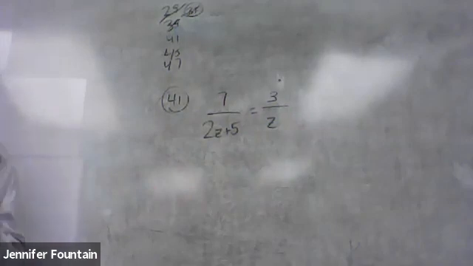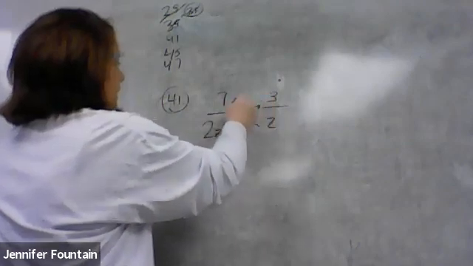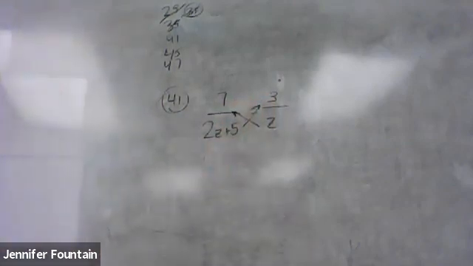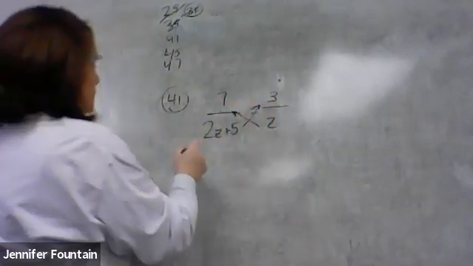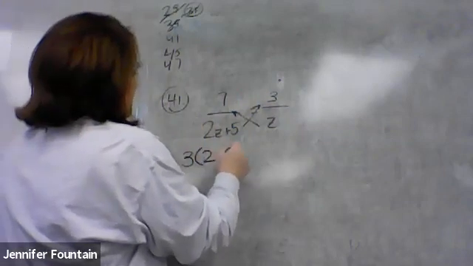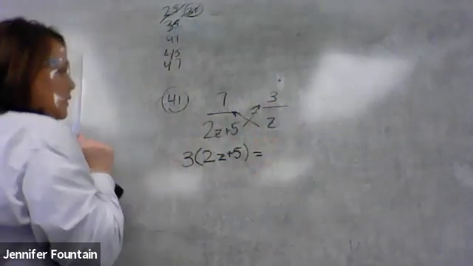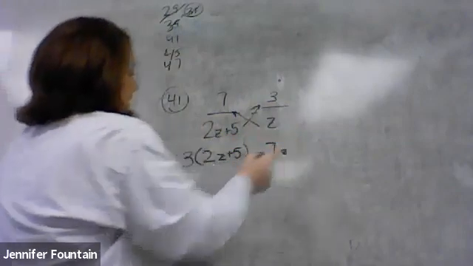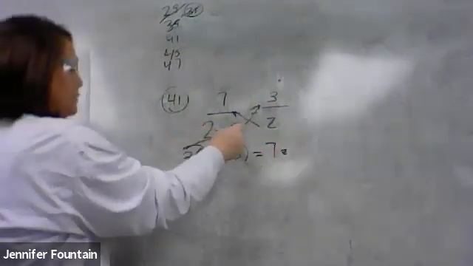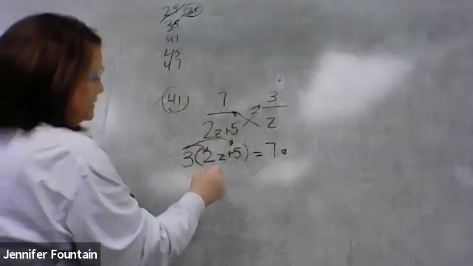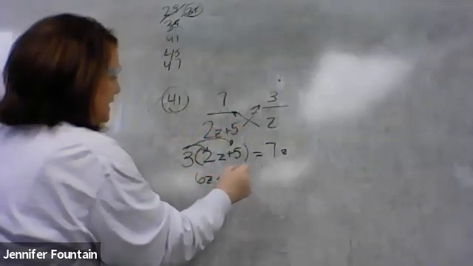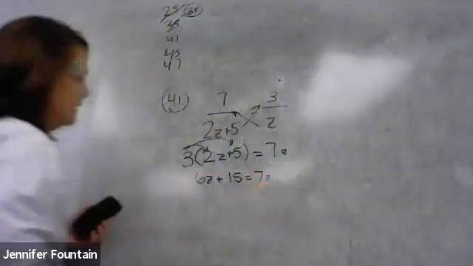Cross multiply. If you want to draw arrows, if it helps you to remember what to do, then you've got 3 times 2z plus 5 equals what? 7z. Now I distribute, and I have 6z plus 15 is equal to 7z.